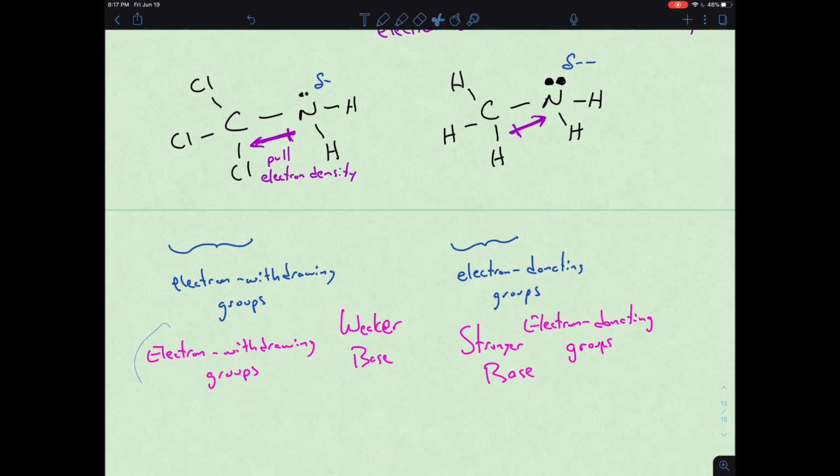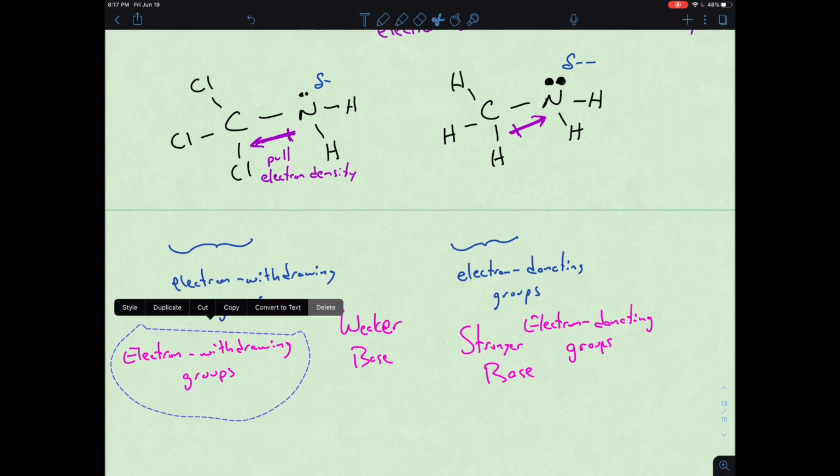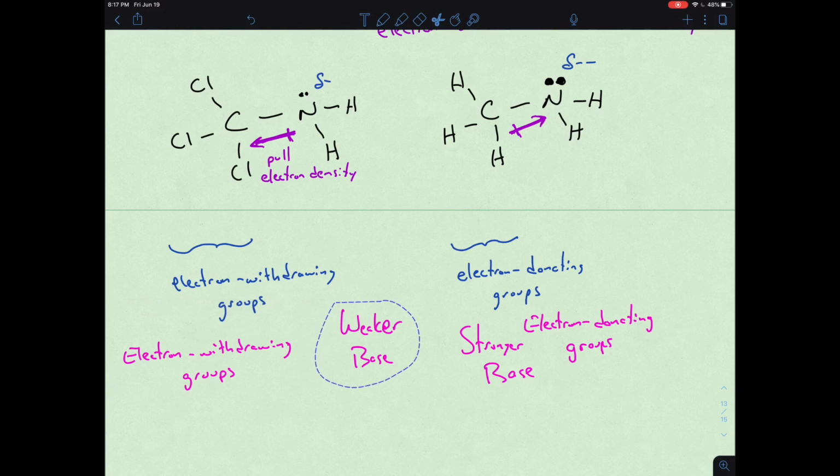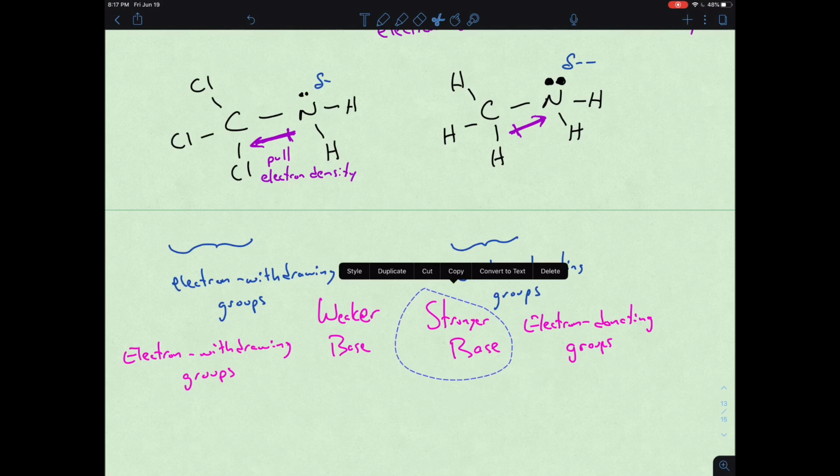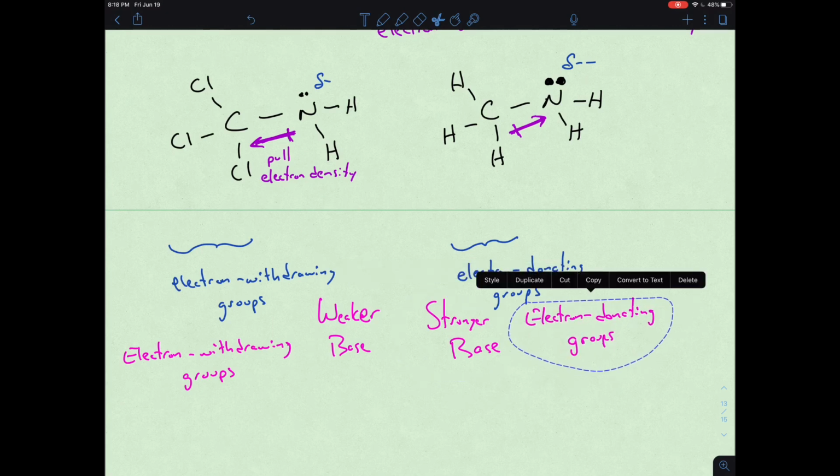So that's the inductive effect with both acids and bases. And yes, it can be confusing because it's the opposite: one likes electron donating groups, one likes electron withdrawing groups.